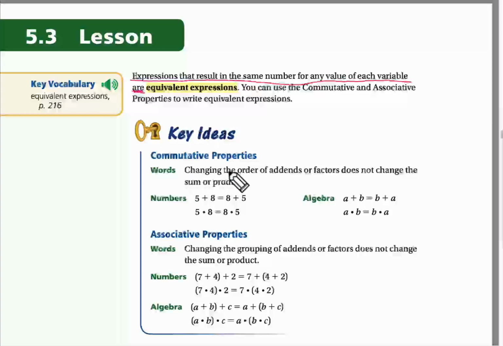What is commutative property? The commutative property says that changing the order of addends or factors, addends of course for addition.